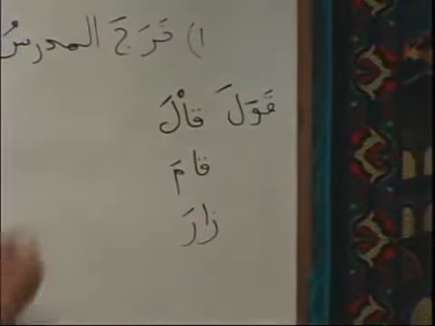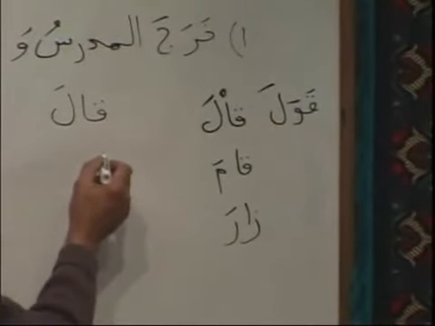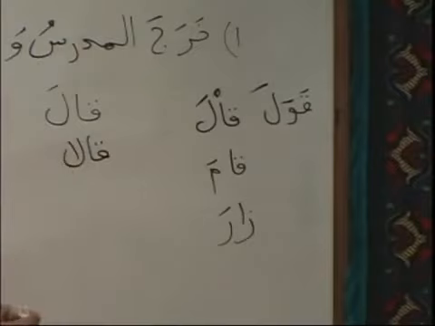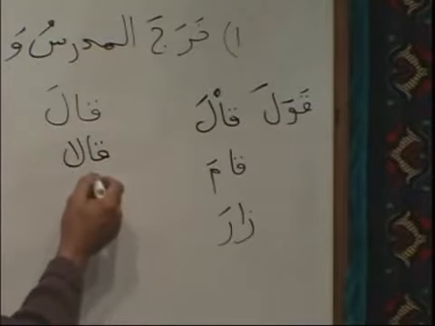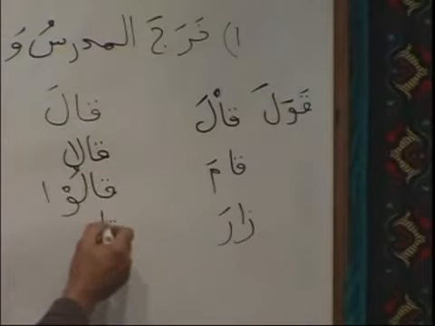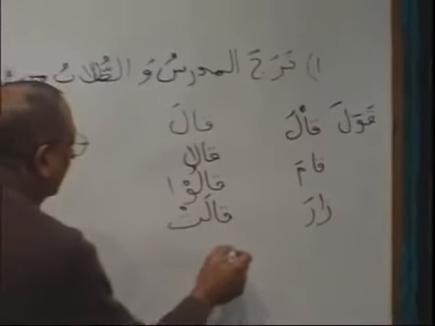Let us conjugate. Kala. Next, brother. Kala. Where is the alif? And then Kalu. Where is the waw? And then Kalat. Okay, and then Kalata.